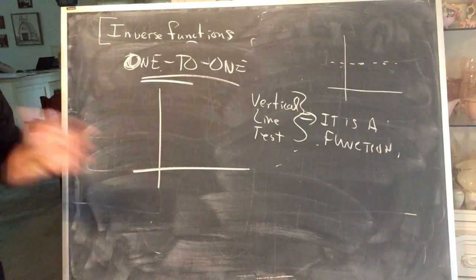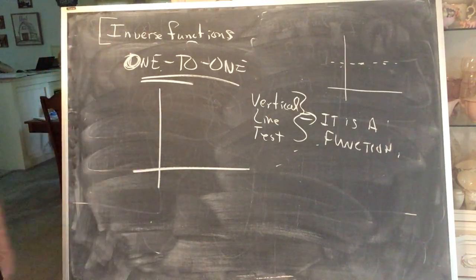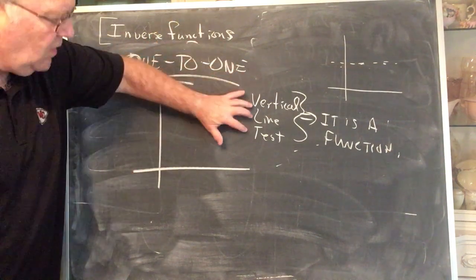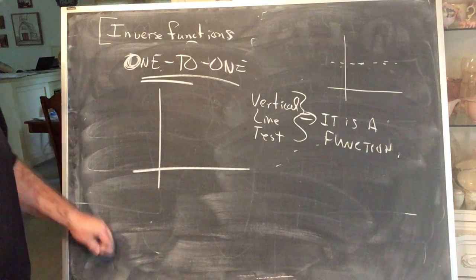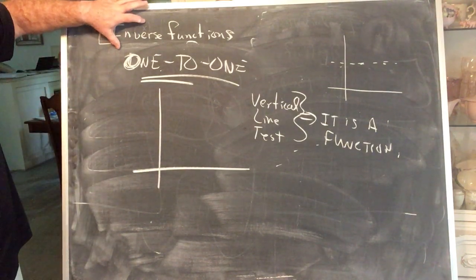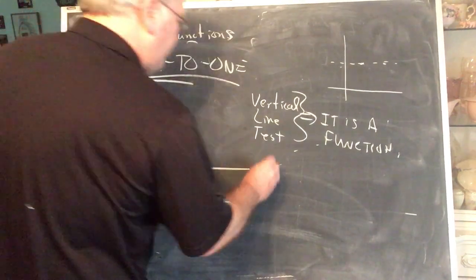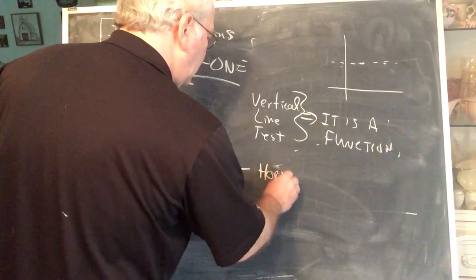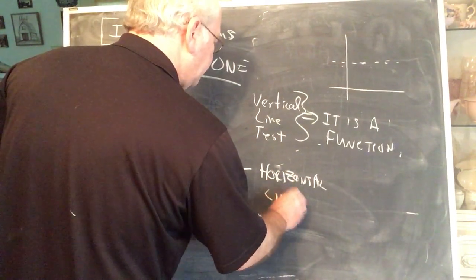If a curve fails the vertical line test, it's not a function, and we haven't been talking about it in the first place. So the vertical line test must be passed in order for it to be a function in the first place. But in order for the inverse function to exist, it must also pass the horizontal line test.